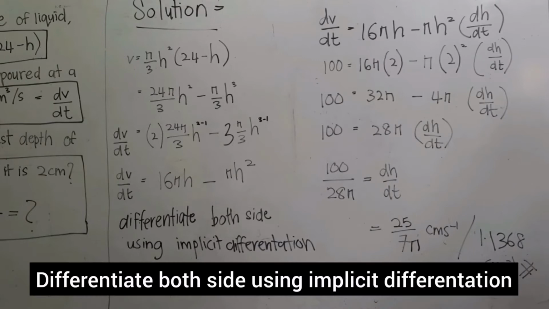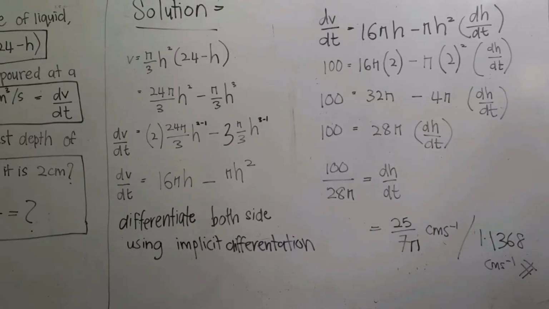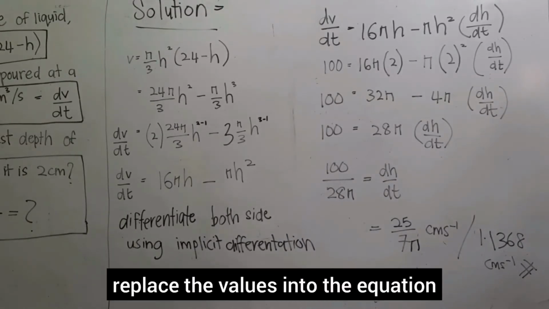Then we differentiate both sides using implicit differentiation. It will become dV over dt equals 16 pi H minus pi H squared, dH over dt. We know that dV over dt is 100 and H is 2. So we just need to replace the values into the equation.